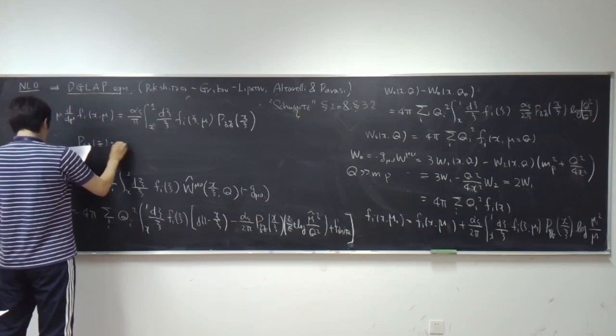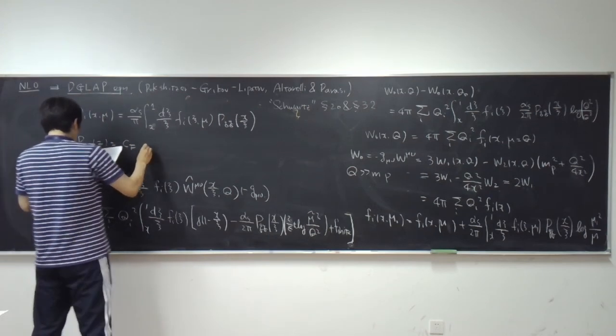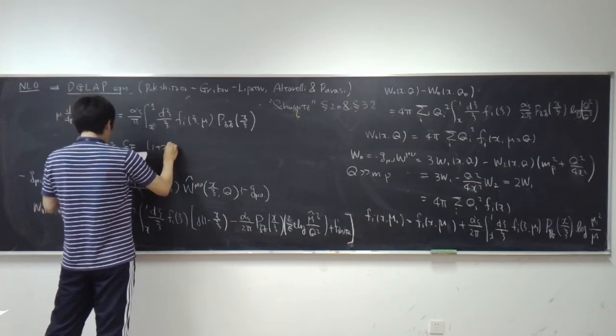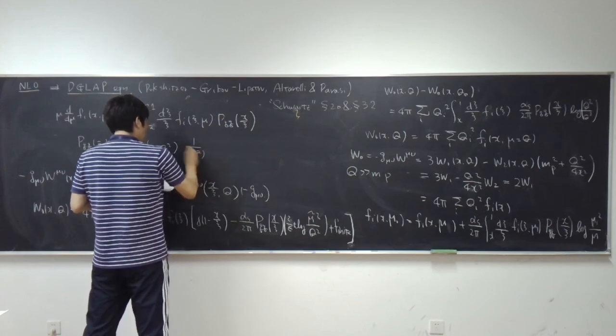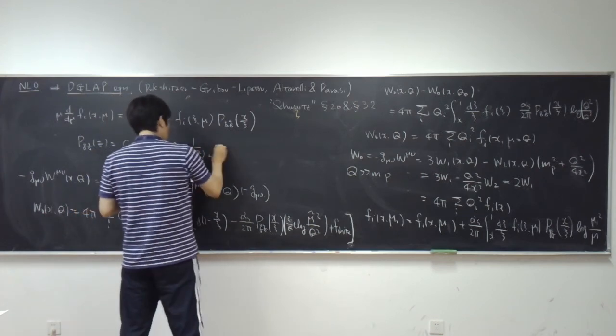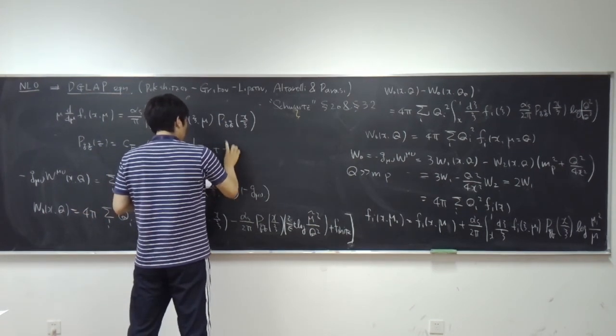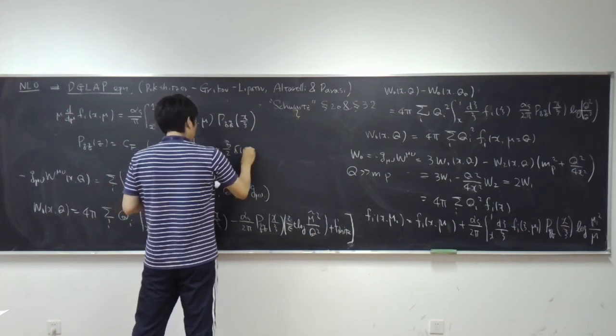P_qq(z) is equal to C_F (1 + z^2)/(1 - z)_+, and after calculation you get 3/2 delta(1 - z).